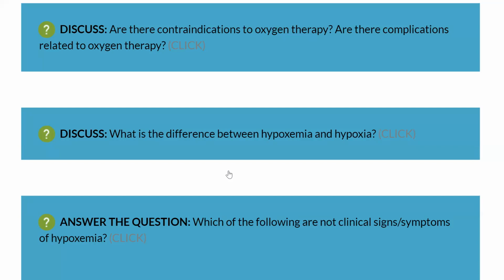Does the patient need to stay on oxygen for a long time? Remember, exposure to oxygen for a long time may lead to complications. Give oxygen when it is needed. Don't give oxygen routinely to the patient.